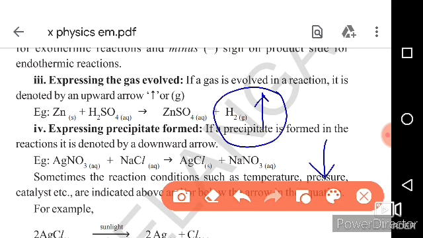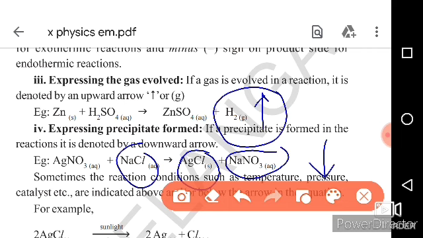You already know common salt. They will give AgCl, solid precipitate. Here precipitate means insoluble substance, and produces a sodium nitrate solution. Here AgCl is PPT, precipitate.